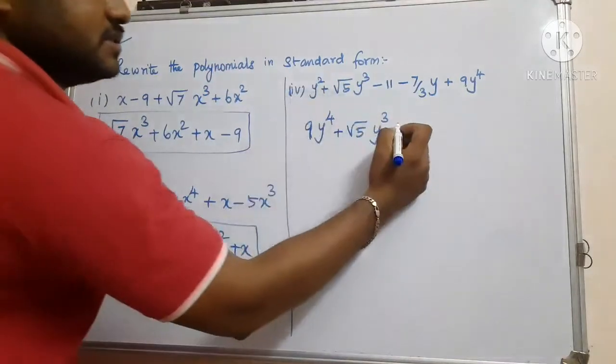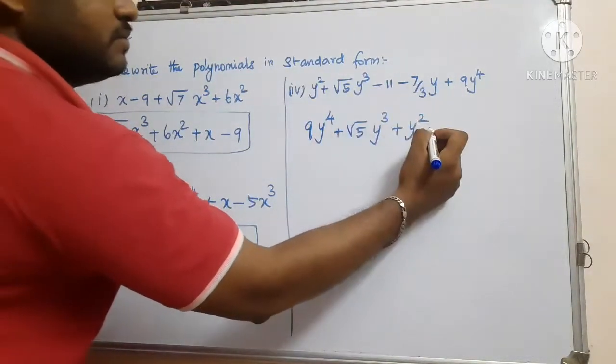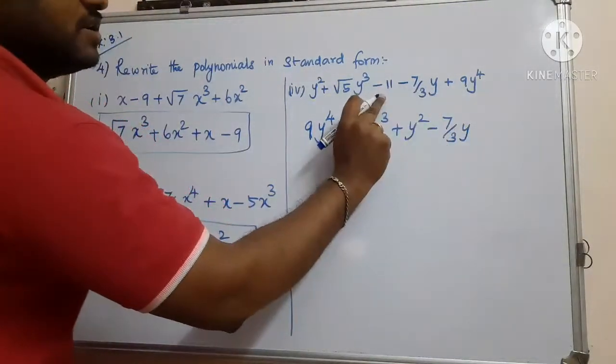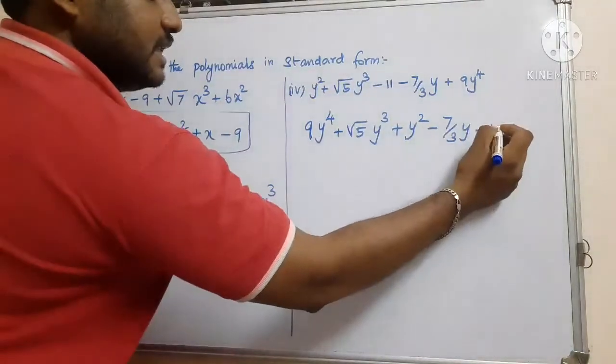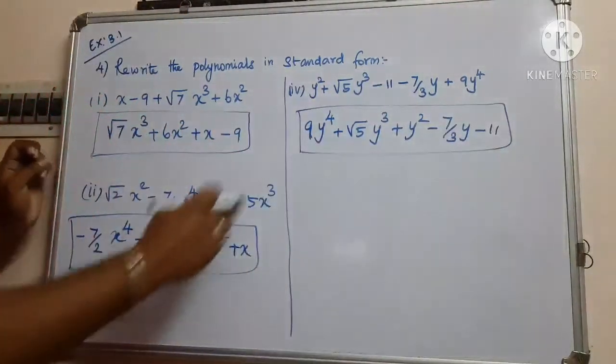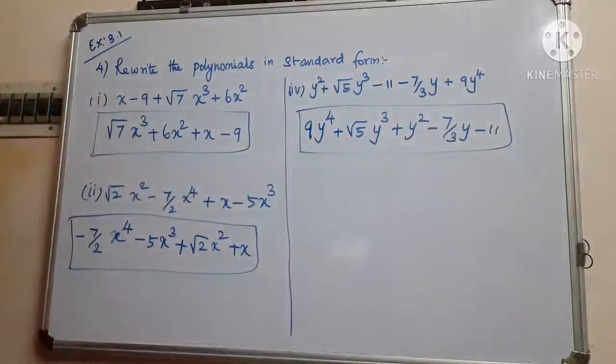The next term is plus y square. The next term is the y term, minus 7 by 3 y. And the next term is the constant term, minus 11. So this is the standard polynomial. You have to write it in descending order, from the highest power to the constant. That is called the standard form of a polynomial.